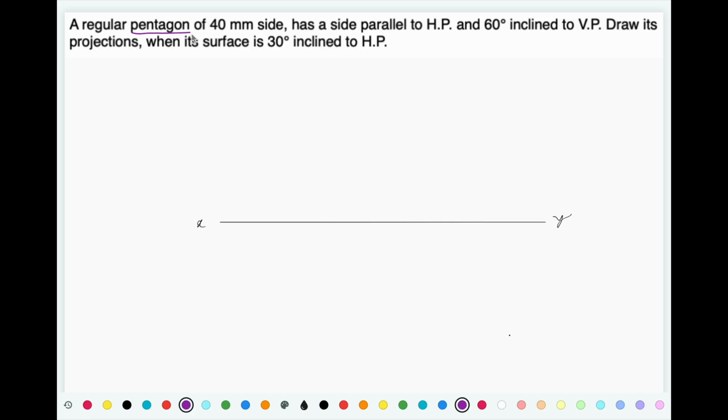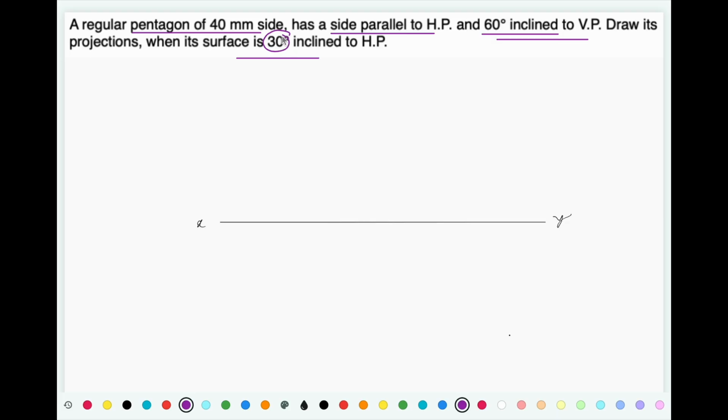A regular pentagon of 40 mm side has a side parallel to HP, 60 degree inclined to VP. The side which is parallel to HP, the same side is inclined at 60 degree to VP. Draw its projections when its surface is 30 degree inclined to HP.